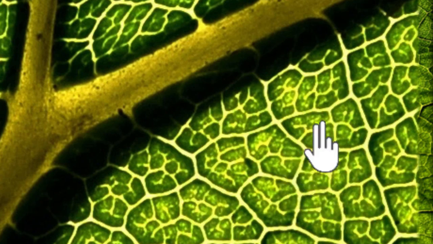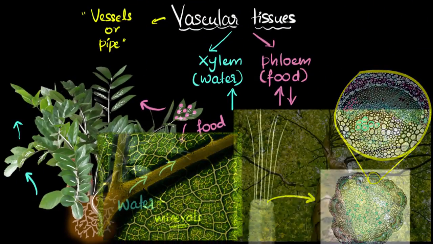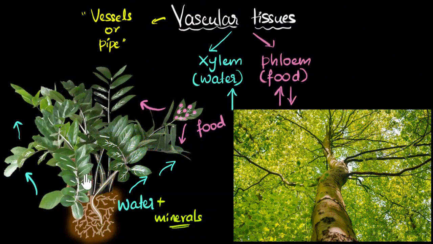This way they make sure a maximum number of cells are able to get the food and water. That's how the transport system in plants work. Isn't that amazing? And now that they have developed the vascular tissues, nothing can stop them from growing tall, growing into trees to grow hundreds of meters tall, because of which we have forests and jungles and everything.